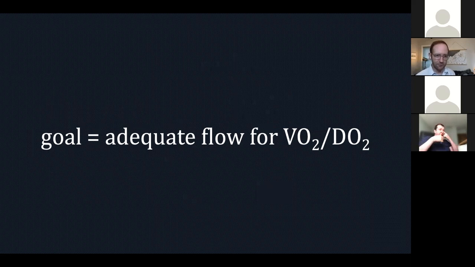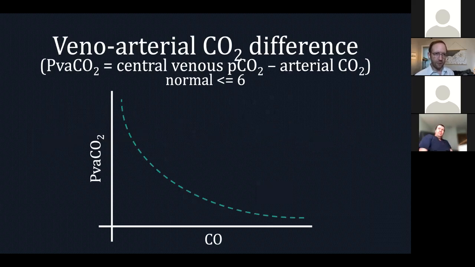I think Samir alluded to the veno-arterial CO2 difference, which is a really neat way to assess adequacy of flow. By flow, I mean cardiac output. And by cardiac output, it could be that cardiac output is low from a cardiac issue or from a low stroke volume, and that's for you as a treating clinician to find out.